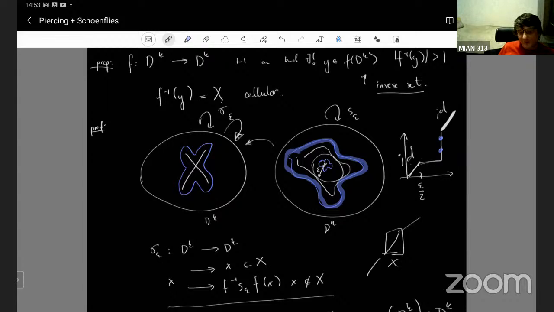This I'm not able to explain well now. I believe some very small modification of this argument would actually work without this hypothesis of piecewise linearity. And it seems like what you were trying to say is actually similar to that. But okay, this is just some idea of proof.